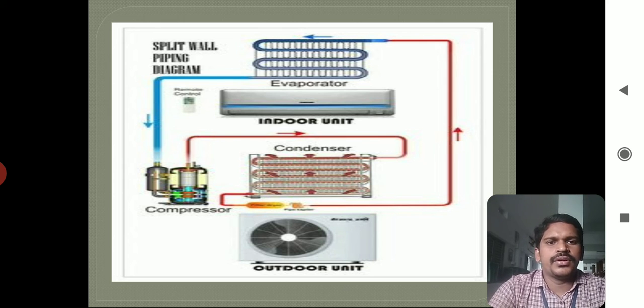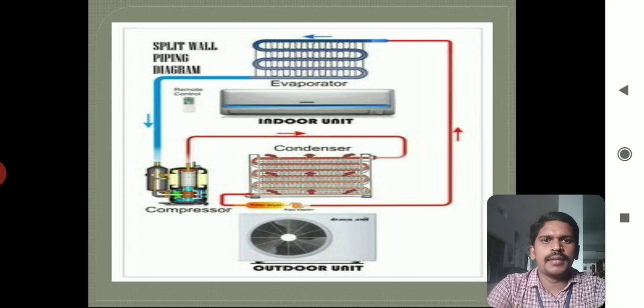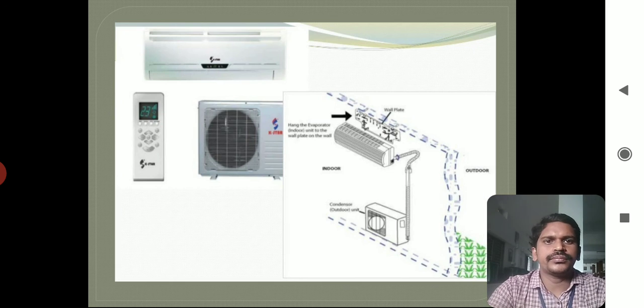This process continues until our room temperature is lower than the outside temperature of the room. This is the air conditioning refrigeration process.